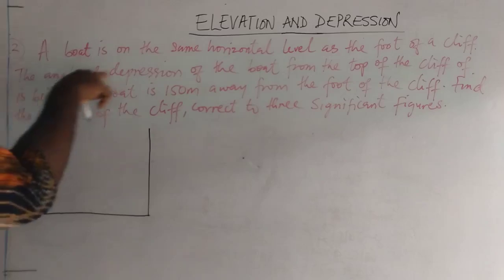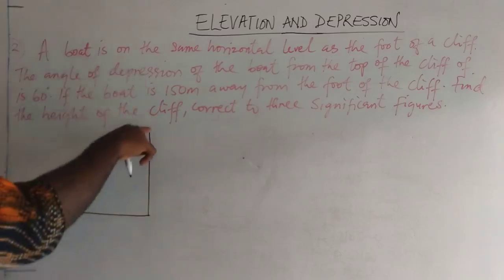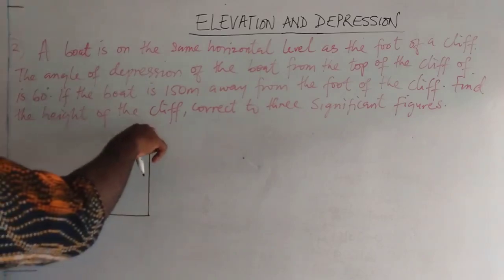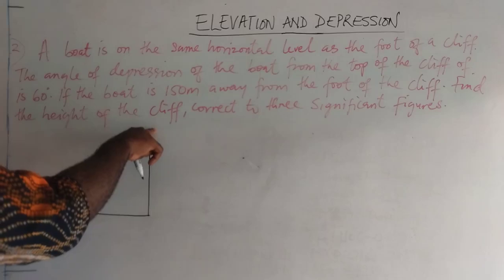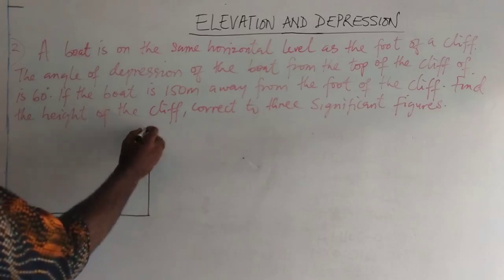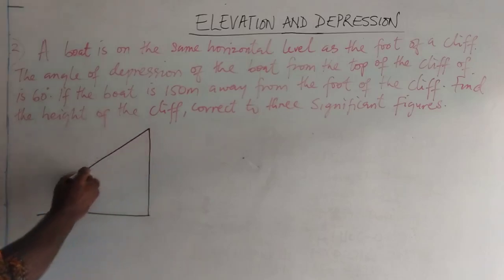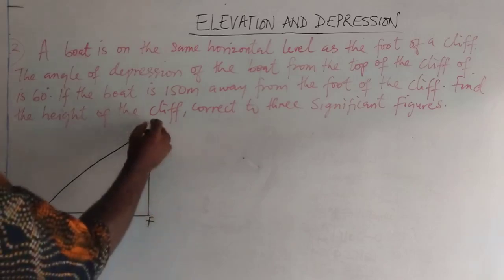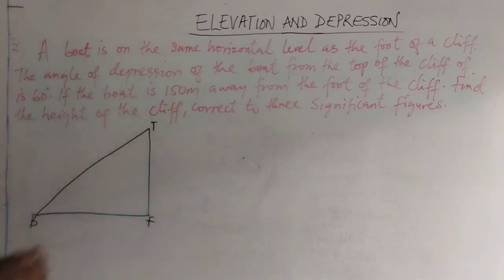The question says the angle of depression, meaning that the observer is looking down and the observer is on top of the cliff. So the observer is looking down to the boat. So the boat is down here. This is the foot of the cliff. This is the top of the cliff.